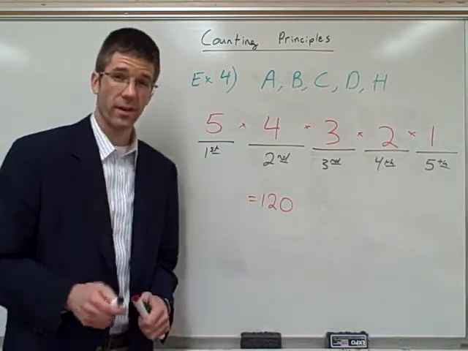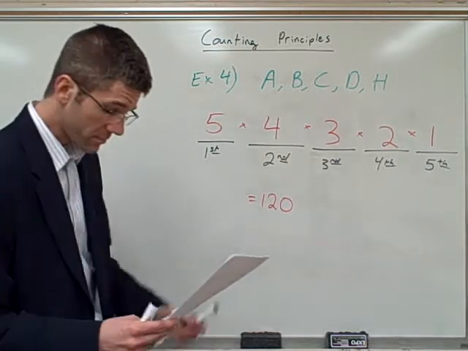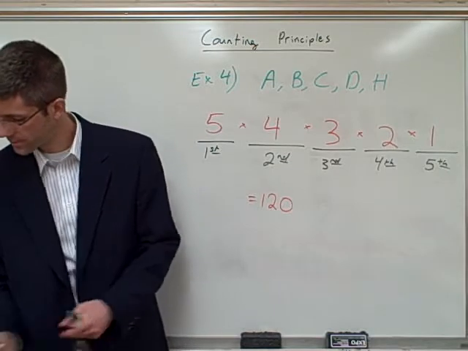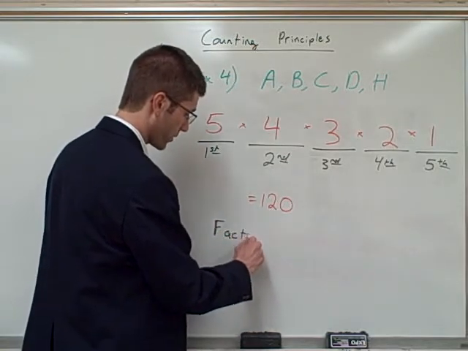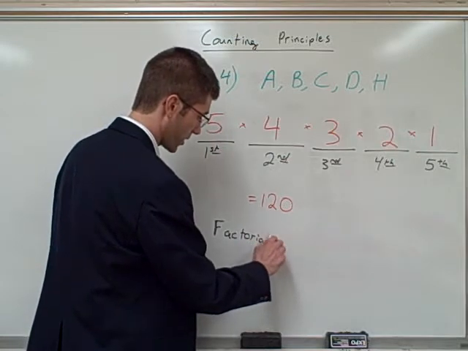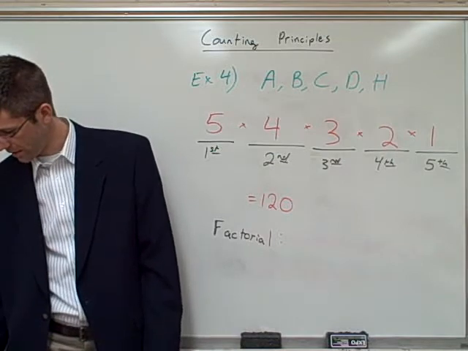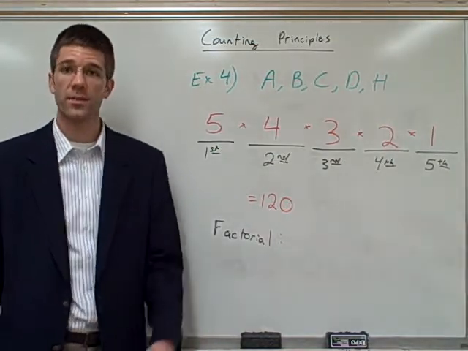It's going to lead us to our next definition, which is right below the other definition, and it's factorial notation. Now, factorial itself, not necessarily a notation, but the factorial itself is the product of all the positive integers less than or equal to a given number.